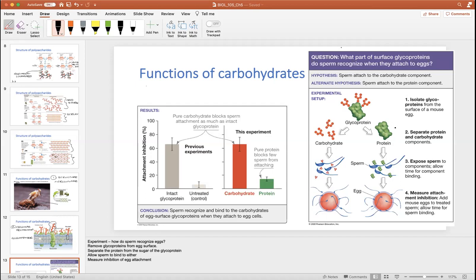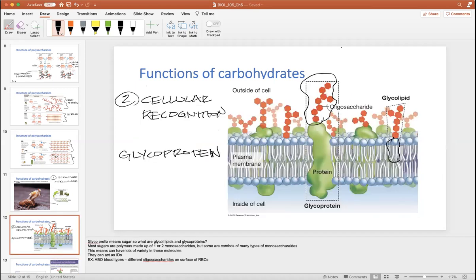Are they recognizing the protein part of this molecule, or are they recognizing the sugar part of this molecule? Let me go back. So in the egg membrane, there are these proteins and these sugars, right? And they knew that's what the sperm were recognizing, but they didn't know if they were specifically recognizing this as the ID tag, or were they recognizing this as the ID tag?